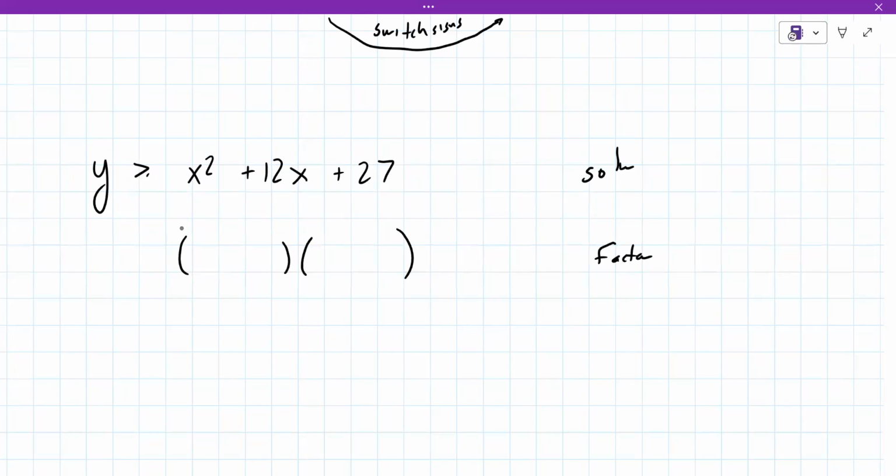So to factor, you have to find two numbers that multiply to 27, but add to positive 12. Take a moment here and see if you come up with that. 9 and 3. So you write x plus 9, x plus 3 here.